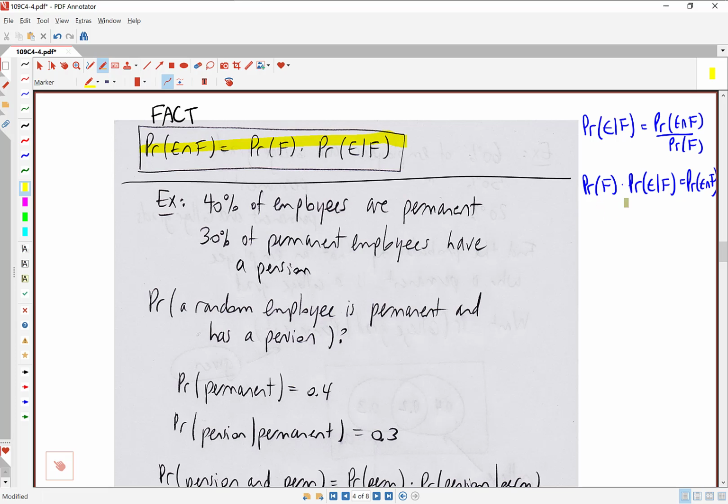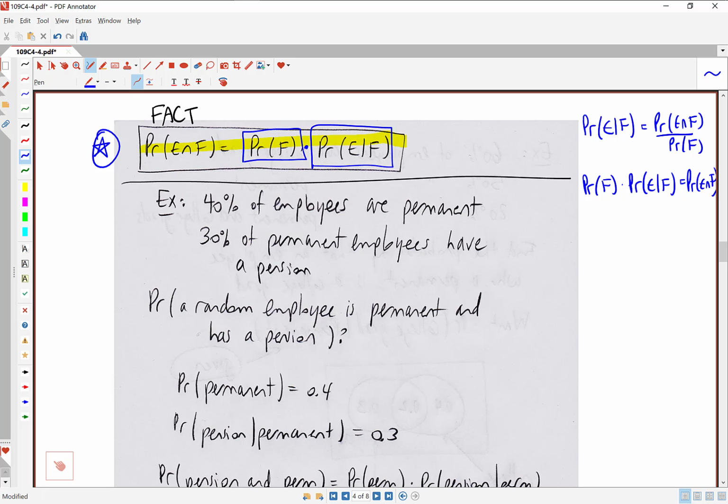So understanding where that formula comes from, we could think of that maybe on a more intuitive level. This is saying probability that E and F both happen. If you want to calculate that, think about just calculating the likelihood of F happening. And then now that you know that F has happened, ask what is the probability that E happens given that F has already happened.